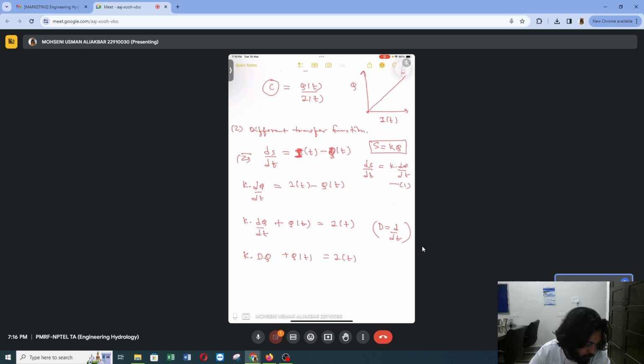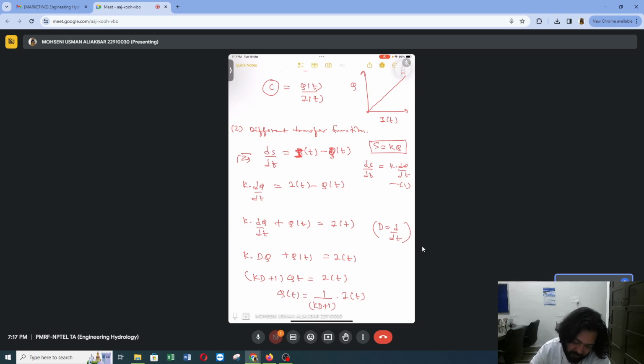If we want to modify this equation again, we can take (kD plus 1) times Q(t) equals I(t), and from here we get Q(t) equals 1 upon (kD plus 1) times I(t), right?